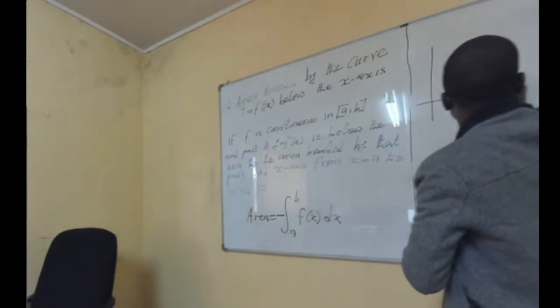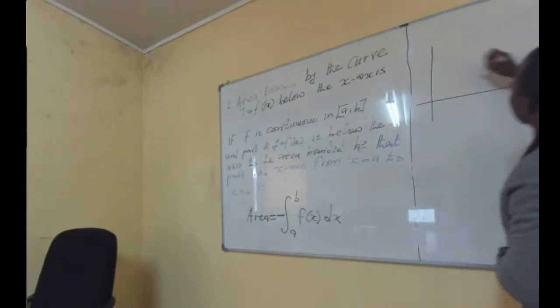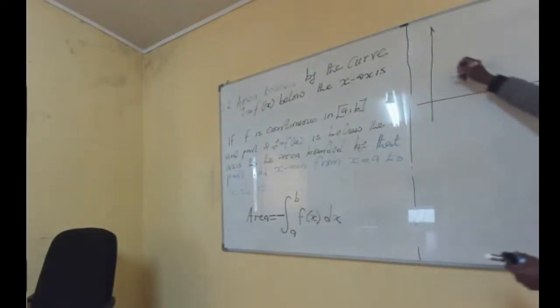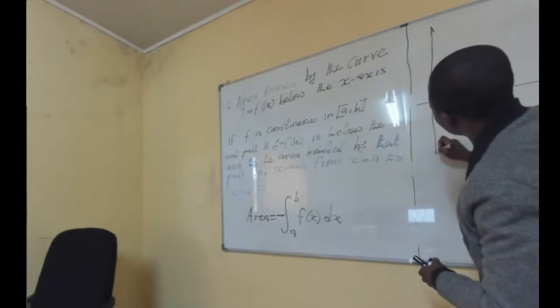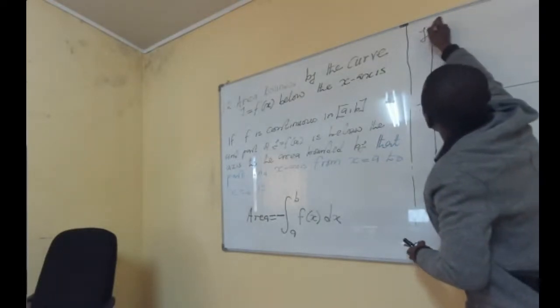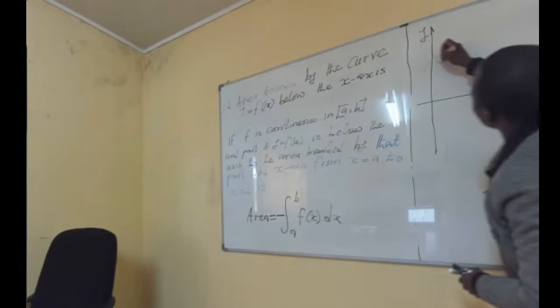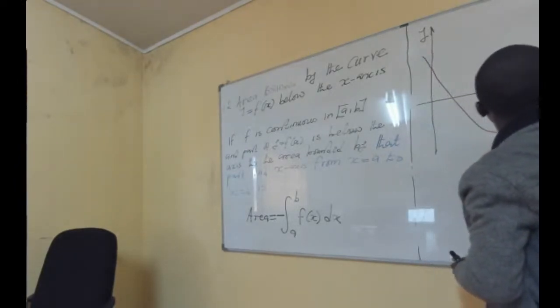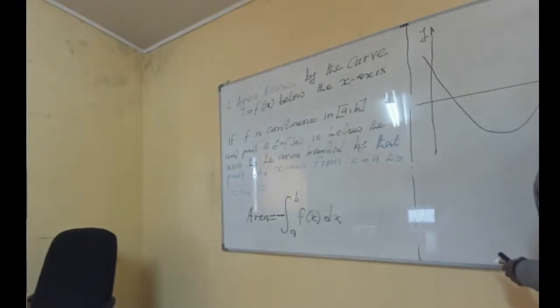An example of such a region is the one I've sketched here. We have y, we have x, and the curve comes down like that, then goes up like that. This is the curve y equal to f of x.